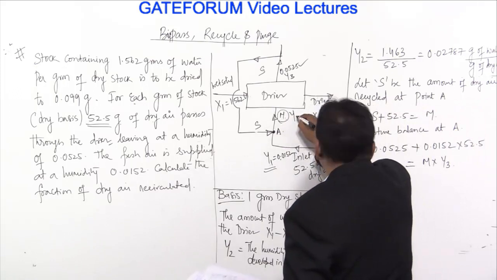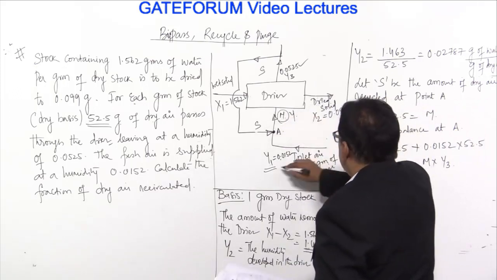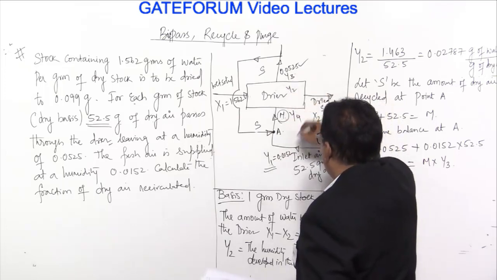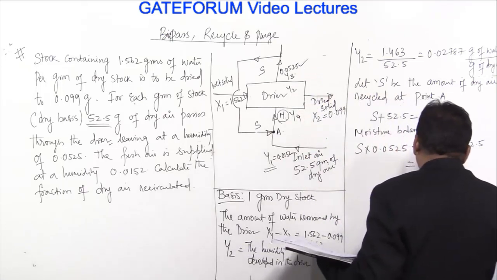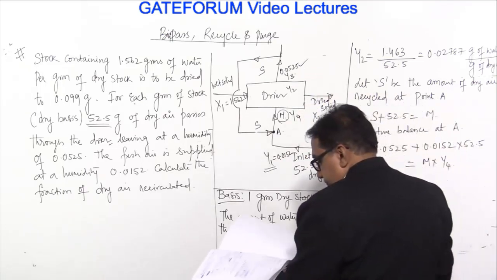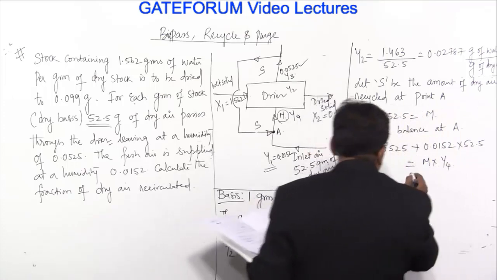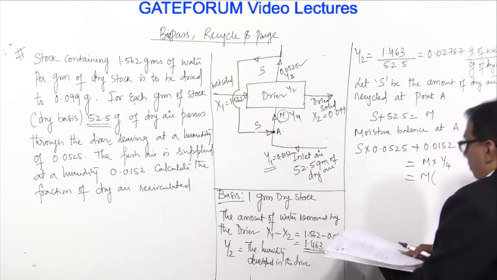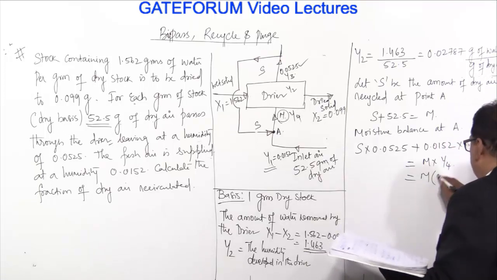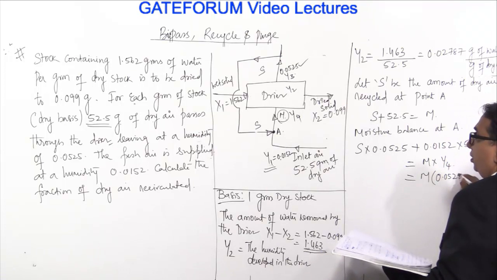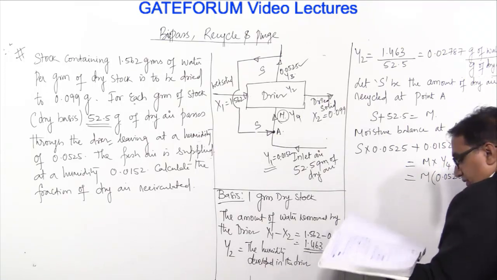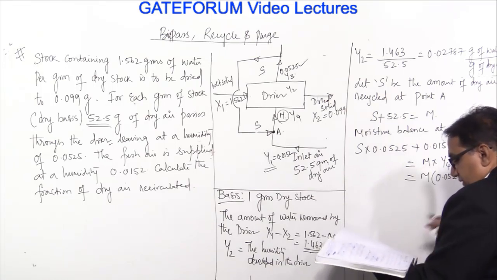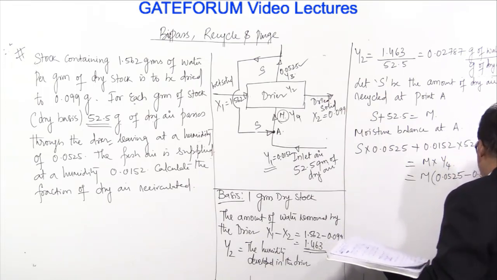We call this Y4. What is this Y4? The Y4 is 0.0525 minus 0.0278.